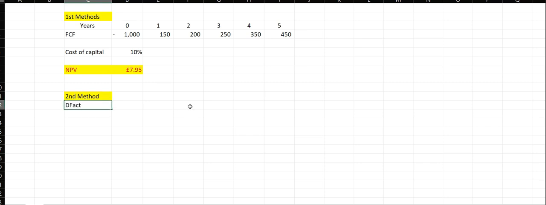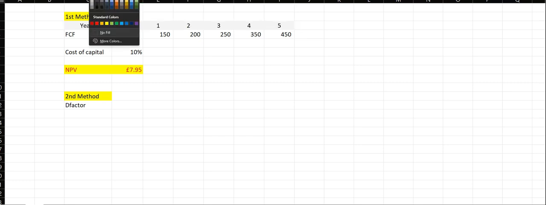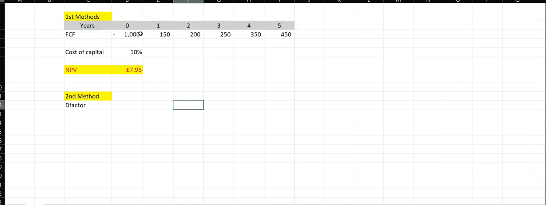To identify the discounting factor, since year 0 is the current year, the present value is minus 1000, therefore we have to take the discounting factor as 1. We'll take this to 3 decimals.